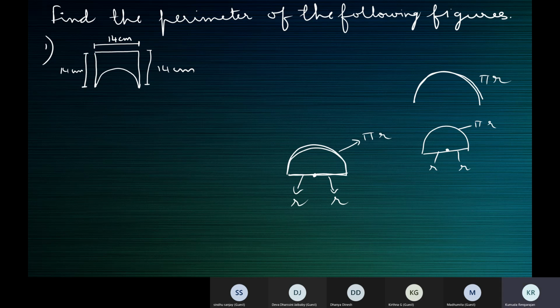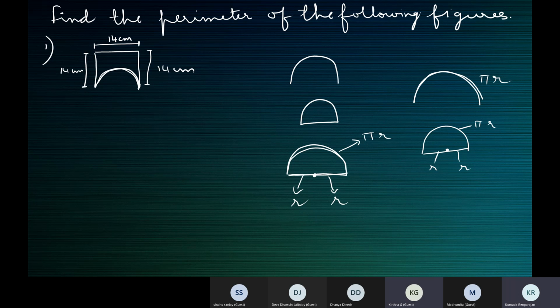Kirtana, do you get the difference between the two? Now we see only the arc here. What is the expression to find the length of that arc? Pi r. And what is the value of r? The radius.